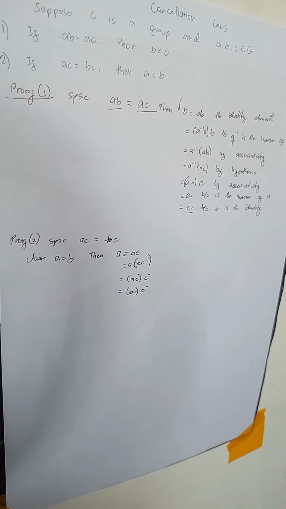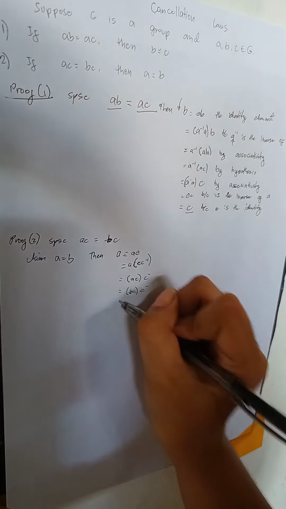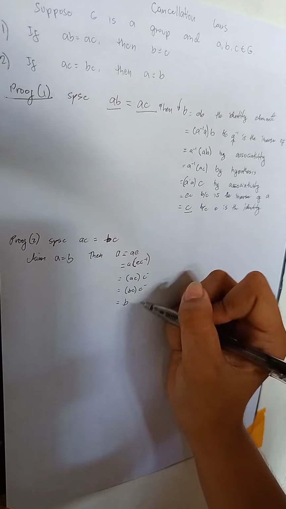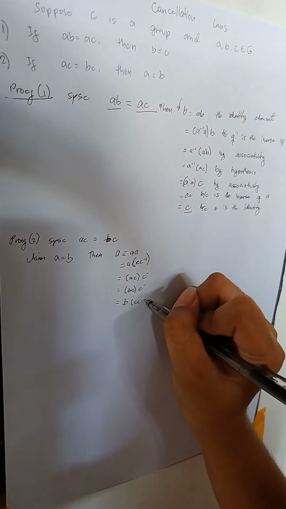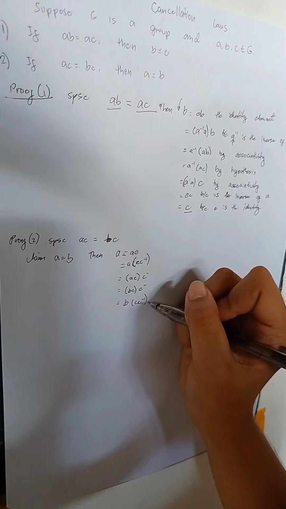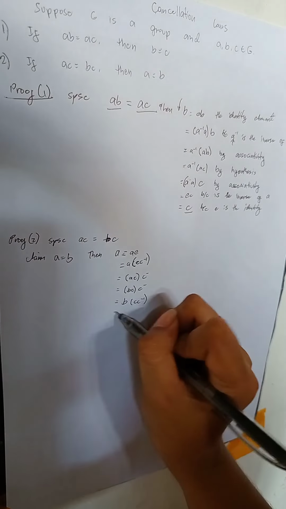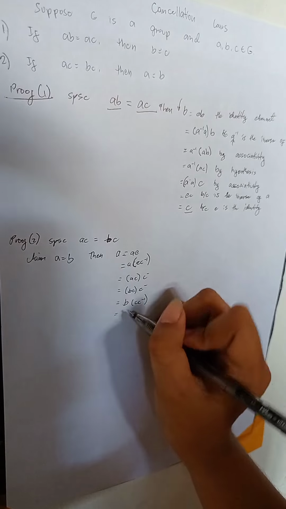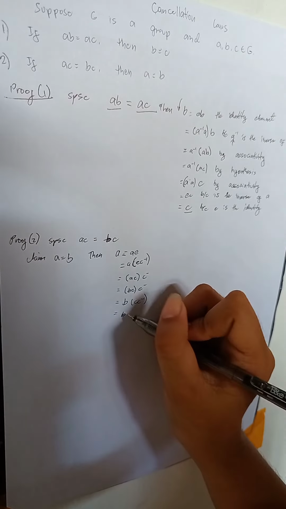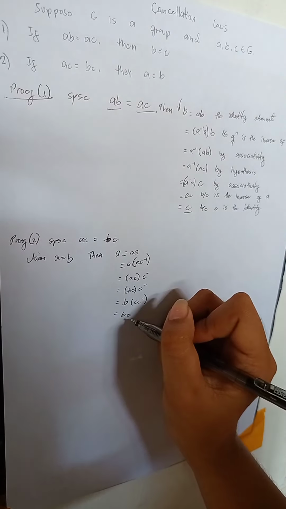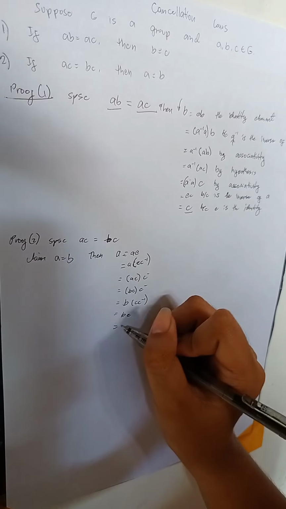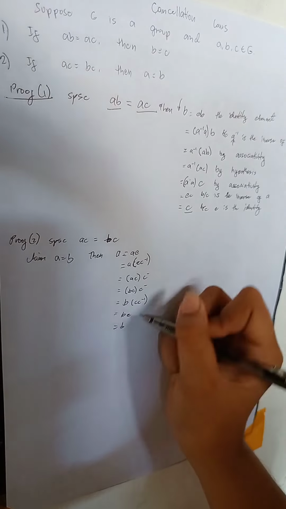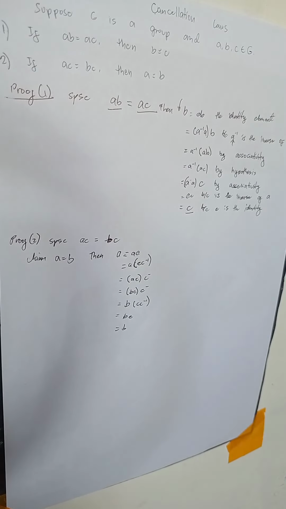So write this as B times CC inverse, and then B times E is equal to B. That's because E is the identity. So we showed that A is equal to B.